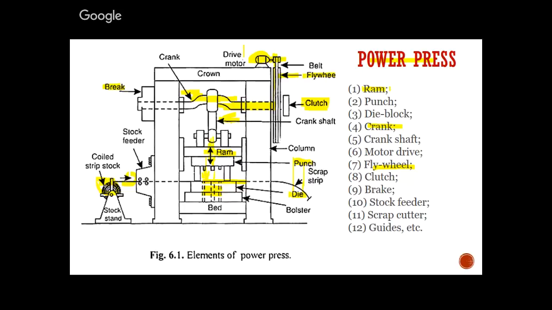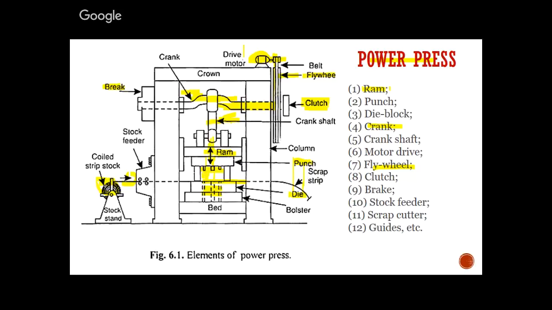This is again connected to the ram by means of this crankshaft. This will further move the ram in a downward or upward direction, that is a reciprocating motion. This ram is attached with the punch. The major work of this punch is to make a hole in the sheet metal.